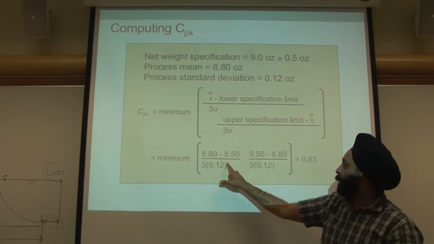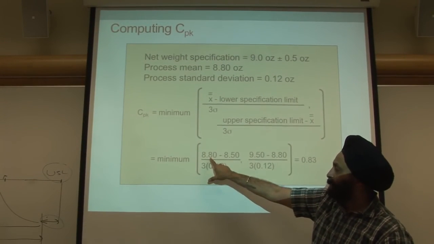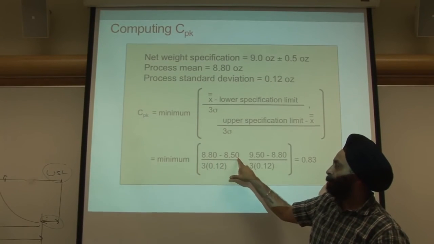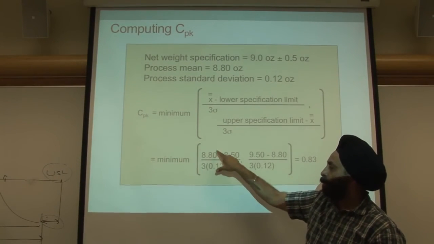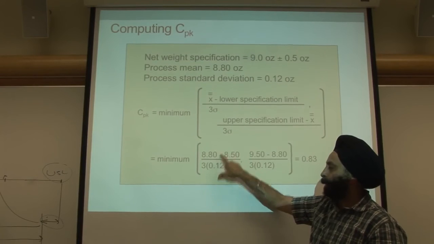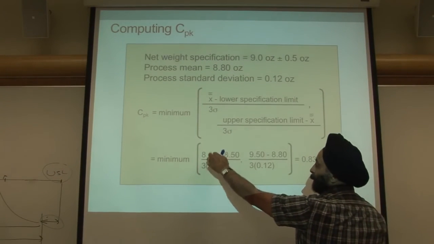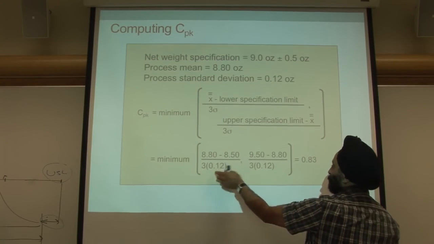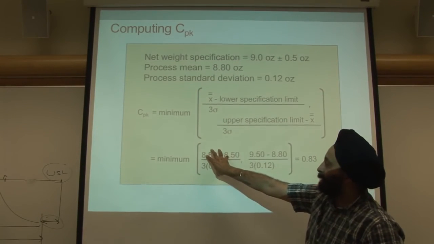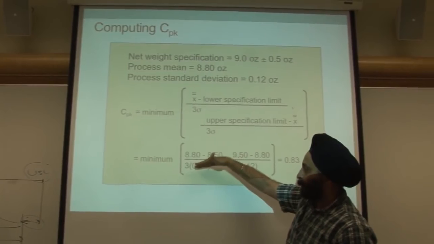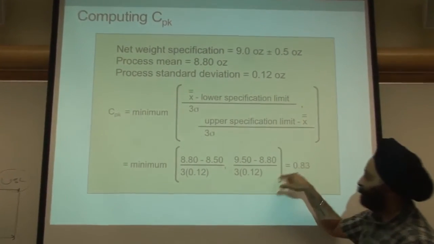So if you take this one, this comes out to be 8.80 minus 8.50, which is a total of 0.30 on the numerator, divided by 0.36. So you have 0.30 divided by 0.36, that is less than 1, which comes out to be 0.83 basically.